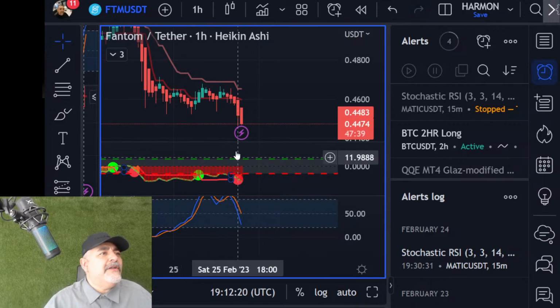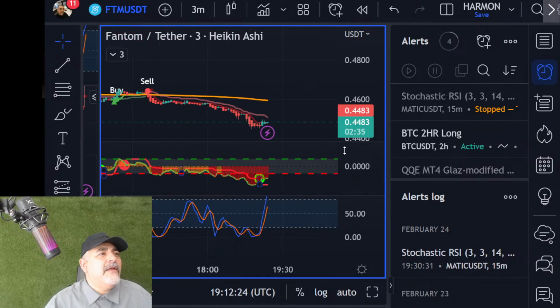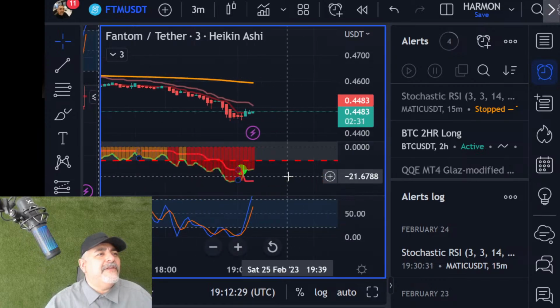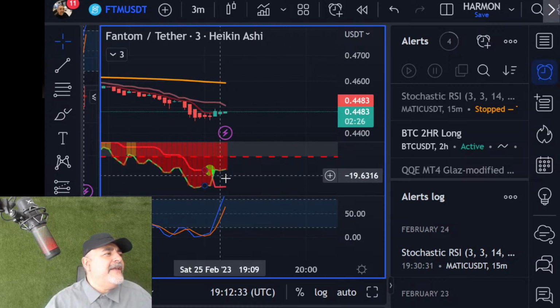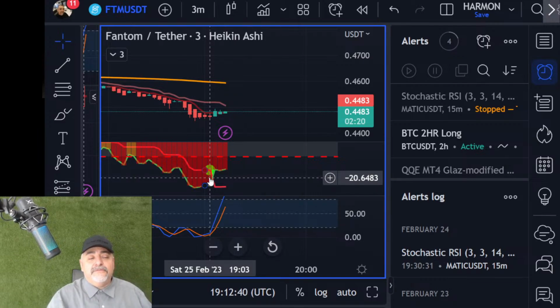I'm going to go into a short as soon as we get a red moon on the 3-minute. Boom. So as soon as this becomes a red moon on the 3-minute, I will be shorting Phantom. Red moon, short Phantom. Bitcoin's on its way down, big dog.